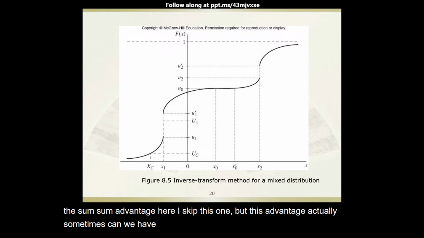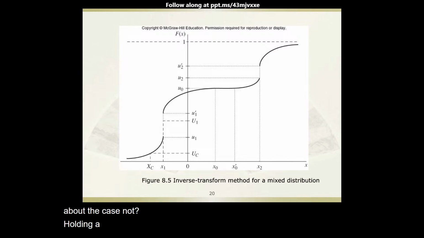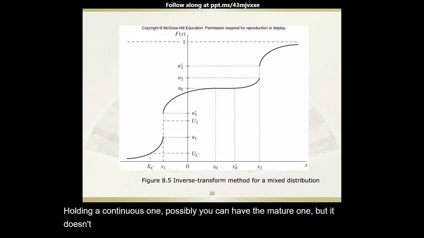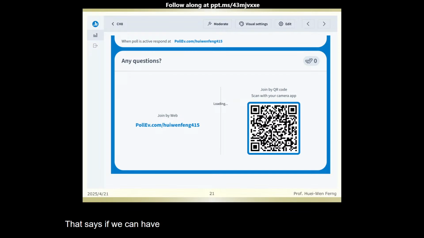No. And sometimes the case is not wholly continuous. Possibly you can have the mixed one, but it doesn't matter because we have the generalized version. So it's still okay if we can find the solution. If we can have it, no problem, we'll just do it. All right, so that's all.